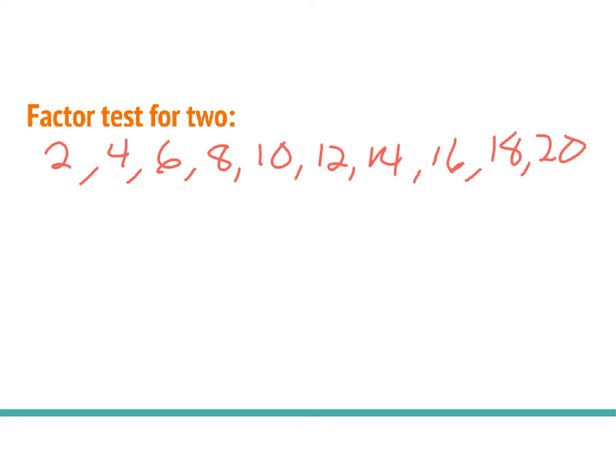And you might look at those and say, wow, those are all even numbers. Even numbers end in 0, 2, 4, 6, or 8, just like all of these do. And that is it. Every even number has 2 as a factor.